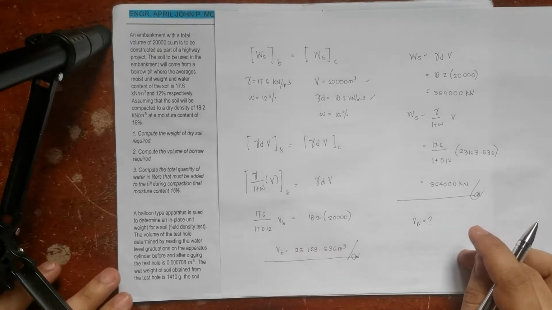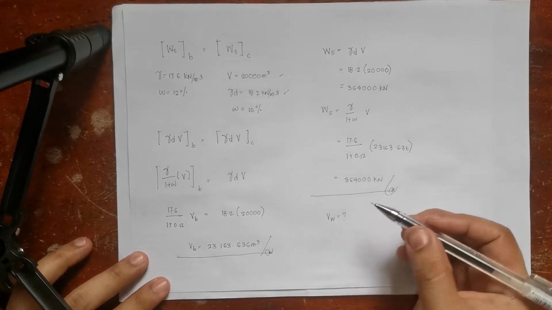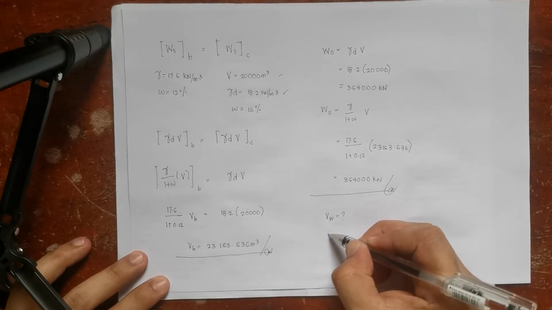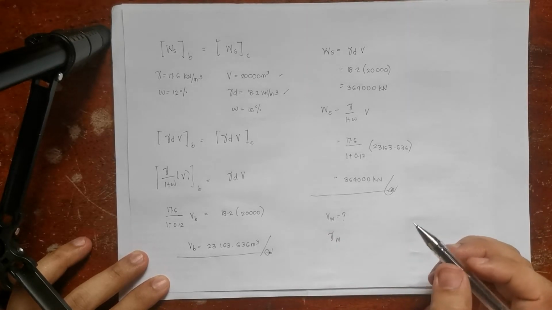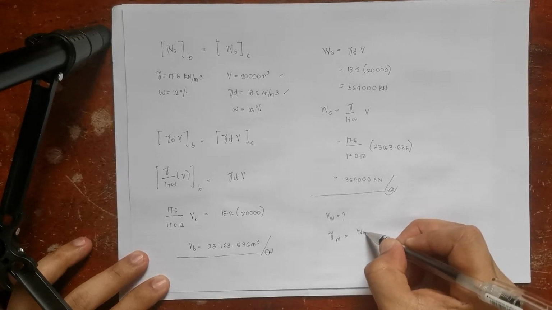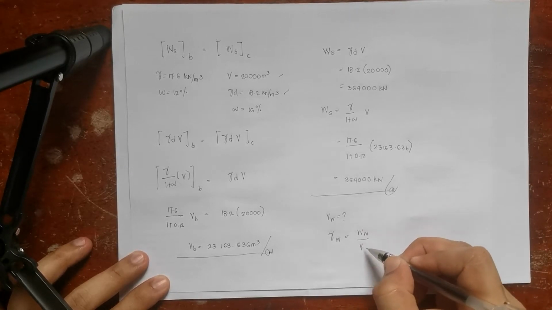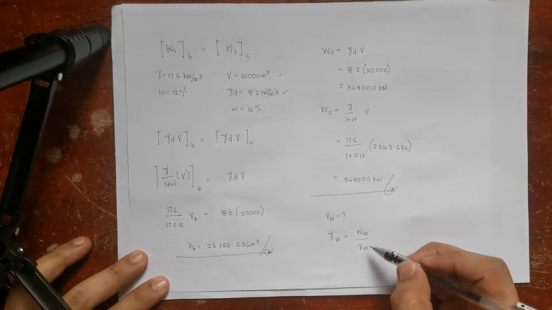And from our first topic, sabi ko nga, pag volume of water yung unknown, palagi natin siyang binibase sa formula ni unit weight of water. And we know that unit weight of water is the ratio of the weight of water and volume of water. So, ito na yung unknown natin.